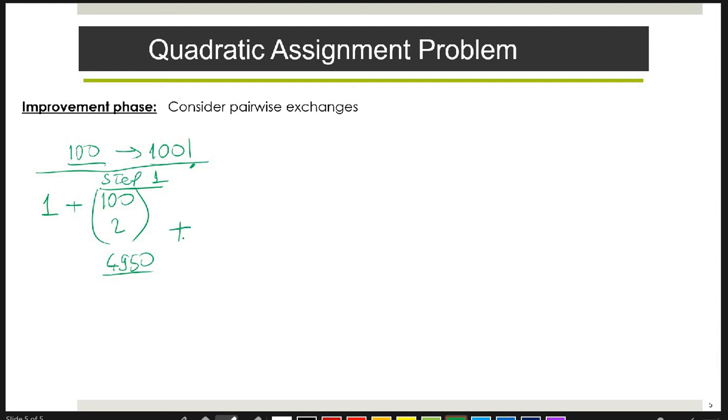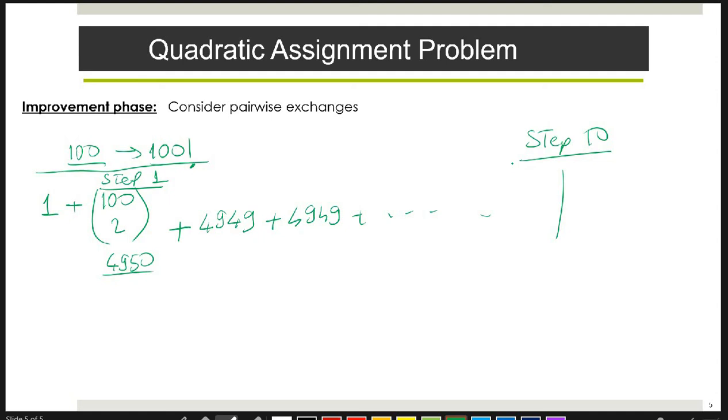Then in the second step, again you will try the same number of alternatives, but one is missing, because one will be the previous. So it will be 4,949. And in the next, 4,949, and it will continue like this. So assume that you stopped after step 10. You continued replacing these machines pairwise in 10 steps.